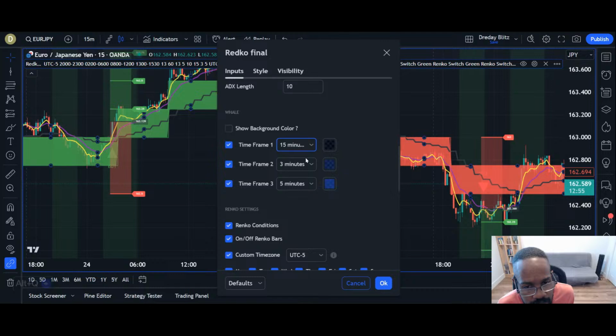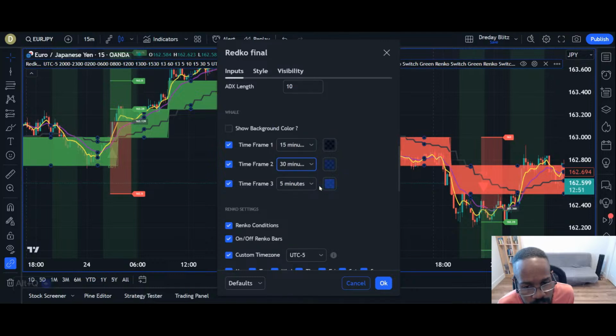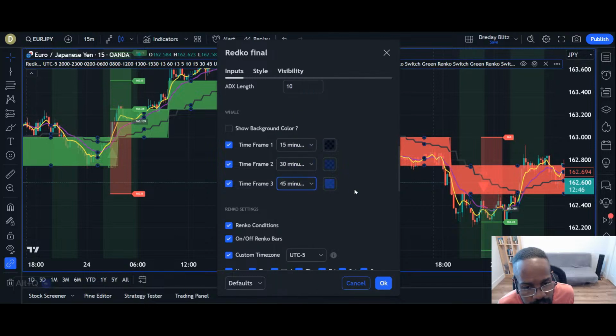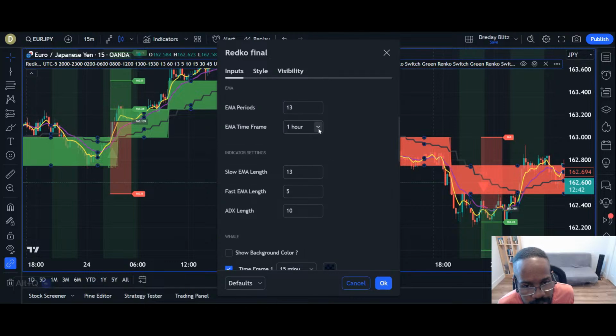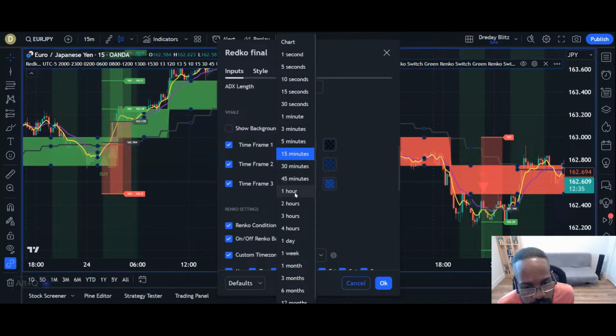So 15 minute, my second one is 30 minute, and the last one is 45. Same thing if you're trading off of the 2 hour time frame. If you do 2 hour, you put the last 3 before the 2 hour. So the last 3 is 30 minute, 45, 1 hour.